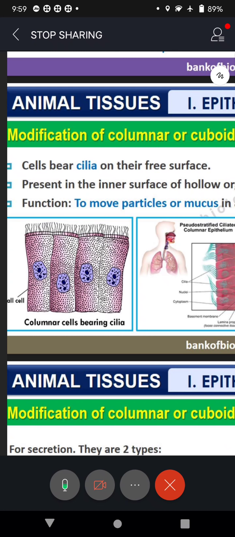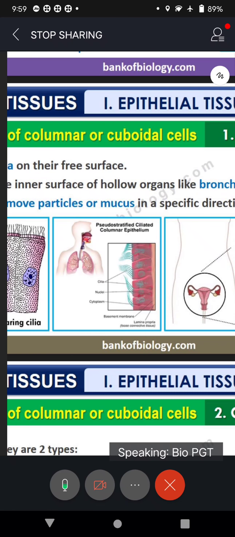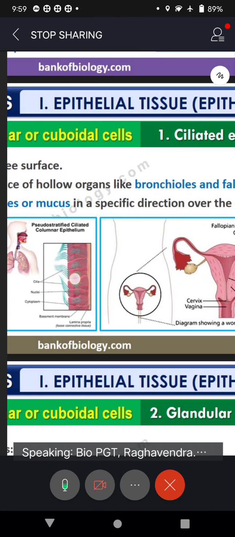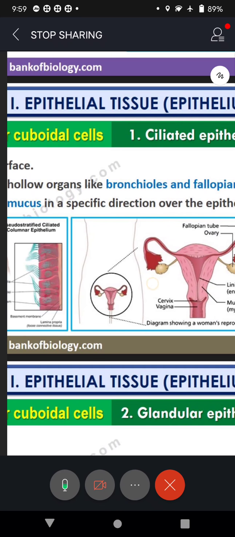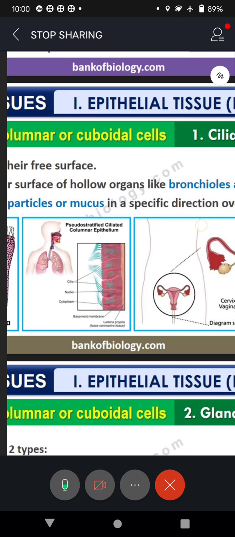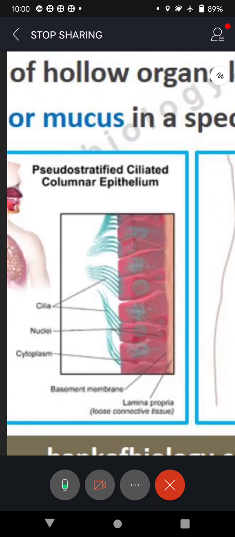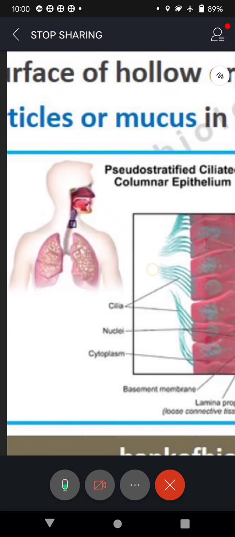Cells bear cilia on their free surface, present in the inner surface. I want you to focus on the words inner surface, not outside, of hollow organs like bronchioles and the fallopian tube. In the female reproductive system, there will be a fallopian tube which runs across. And what are bronchioles? In the respiratory system, you are seeing here, see, I am expanding that. This is the bronchus.